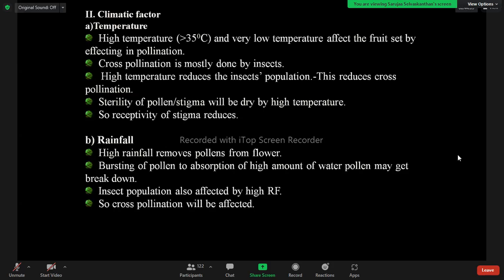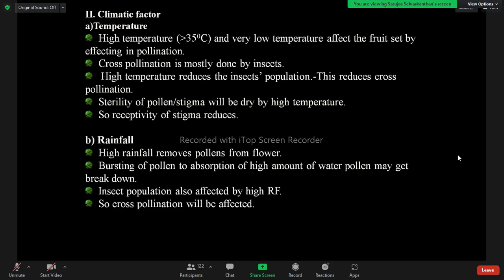Desiccation may occur due to high temperature. So both very high temperature and very low temperature affect the fruit set through pollination.